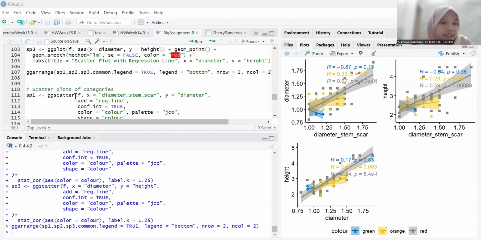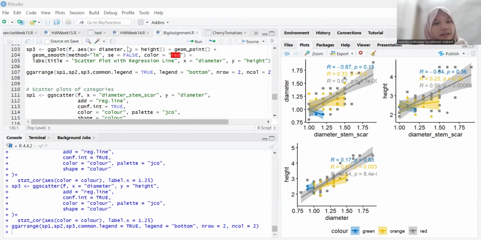It can also be seen that the green tomatoes' diameter and diameter at stem scar have a strong negative correlation coefficient, which is negative 0.87. While the other two colors from these diagrams have a moderate positive correlation coefficient with 0.67 and 0.33.